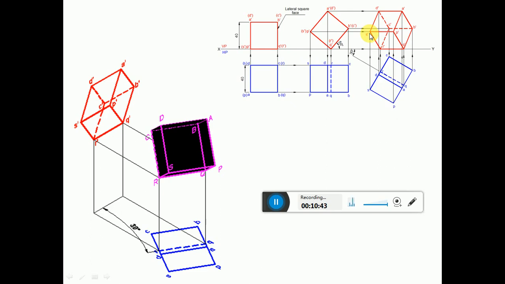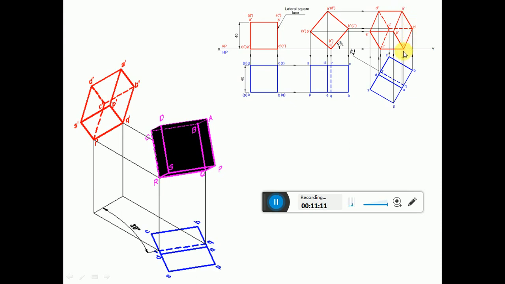Now we are going to apply the conditions of visibility. The first condition is that all the exterior edges of the boundaries of the solids are visible. So start from Q dash R dash, then R dash to S dash, then S dash to D dash, D dash to A dash, A dash to B dash and B dash to Q dash.